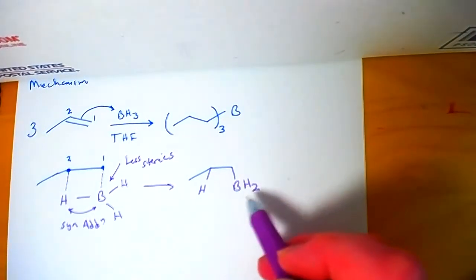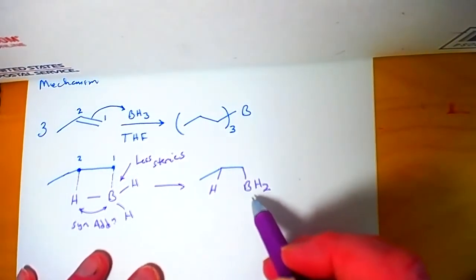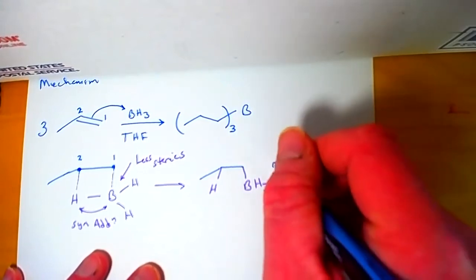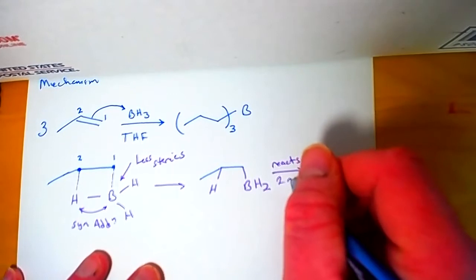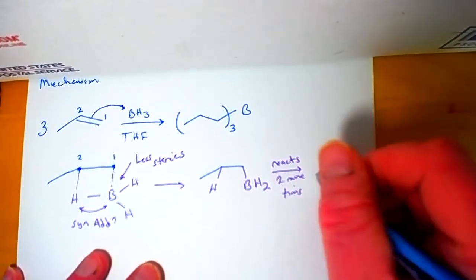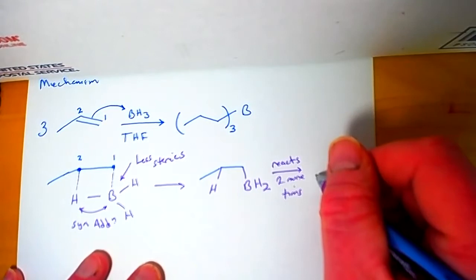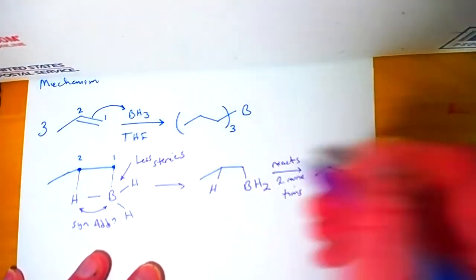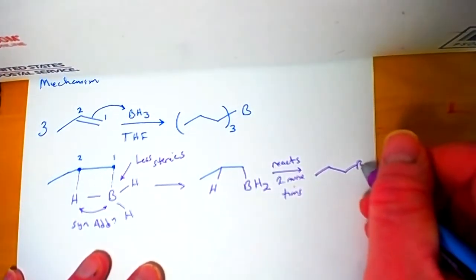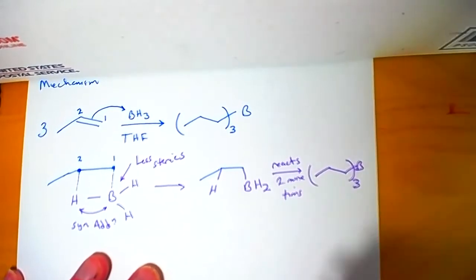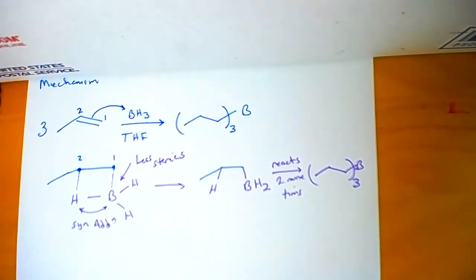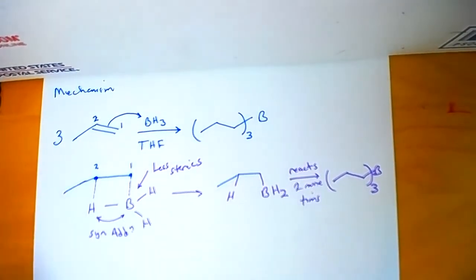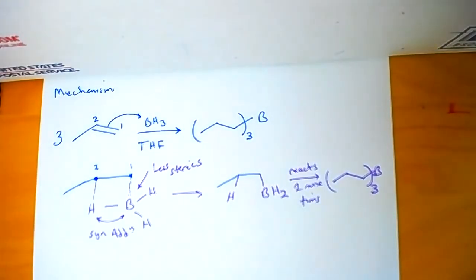And since there are 2 more hydrogens here in this particular species, this can react 2 more times. So you end up with 1, 2, 3 carbons being bonded to the boron. Okay, so that's why you only need 1 BH3 for every 3 equivalents of your alkene.